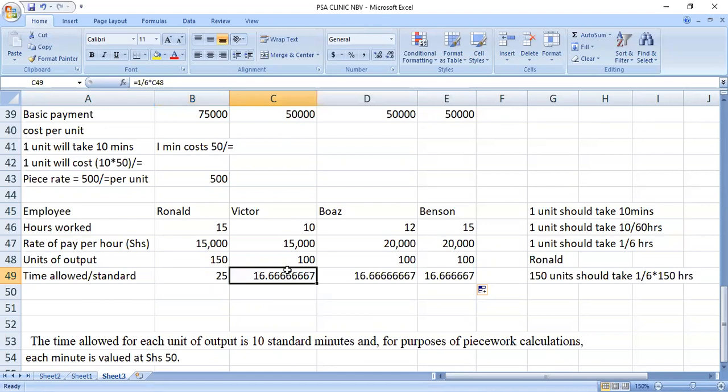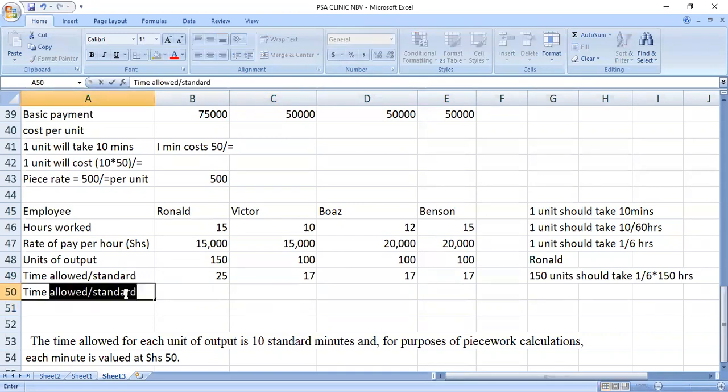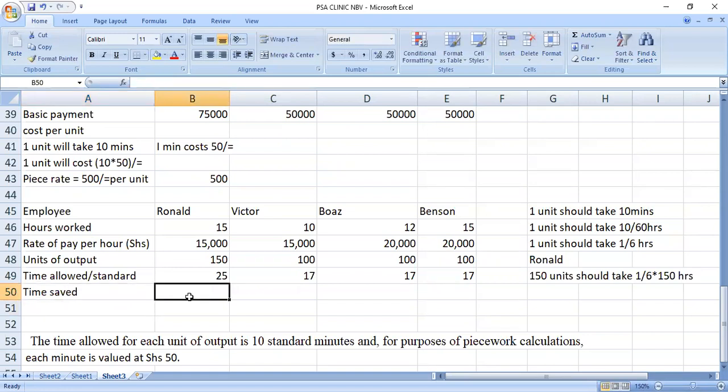So I hope we're fine. Let me just remove the decimal points. So this is what you have. So we're saying time saved, therefore. Time saved is given by the standard time, which is the time allowed, minus the time that they took.